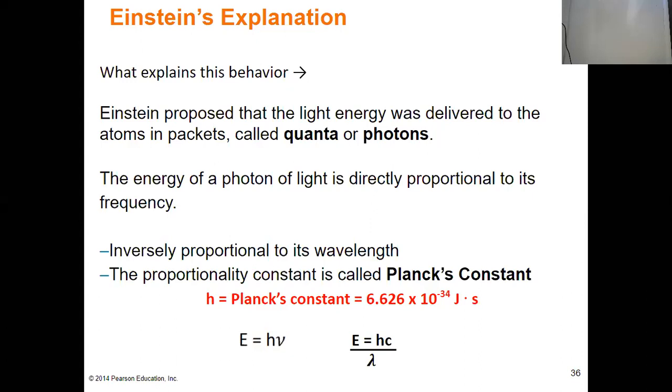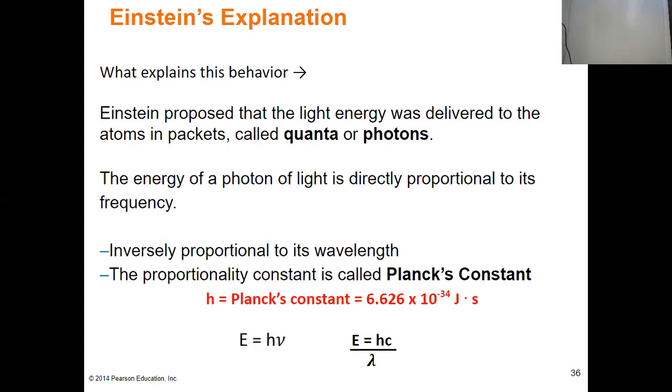If you look back at what I had written, it was hc over frequency again, which doesn't make any sense. So anyway, your two energy equations are going to be Planck's constant times frequency, and Planck's constant times the speed of light divided by the wavelength of light.